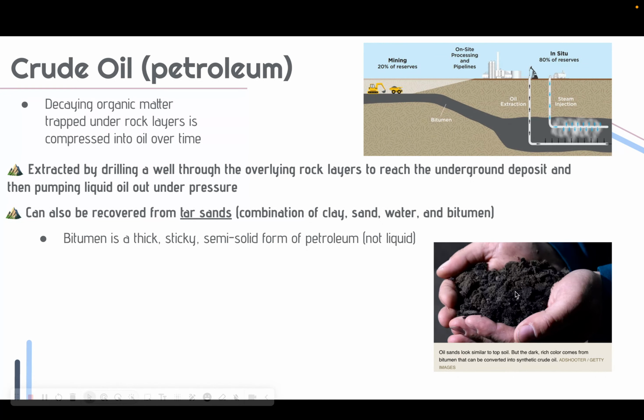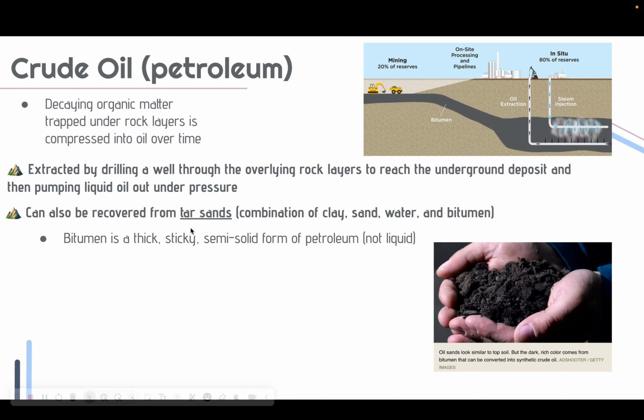Tar sands, you can see in a picture here, is a combination of clay, sand, water, and bitumen. The bitumen is the semi-solid form of petroleum. It's not really liquid, it is a solid, but it's a very thick, sticky earth and it smells like oil. And so bitumen, we can then transform into the oil that we use every day for electricity generation.